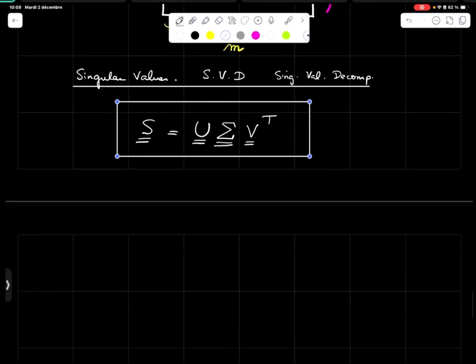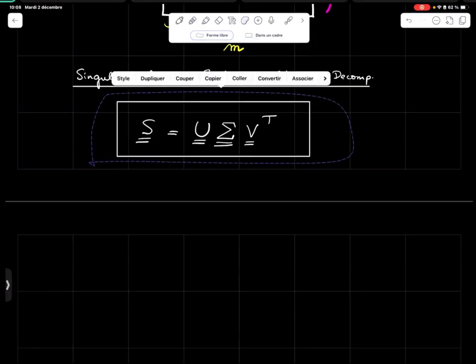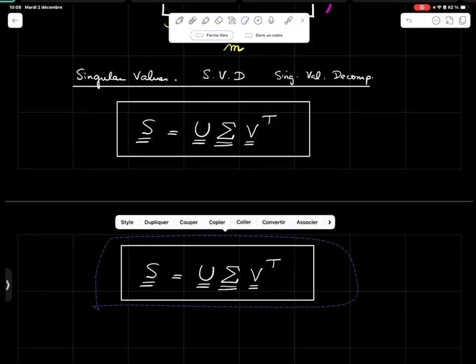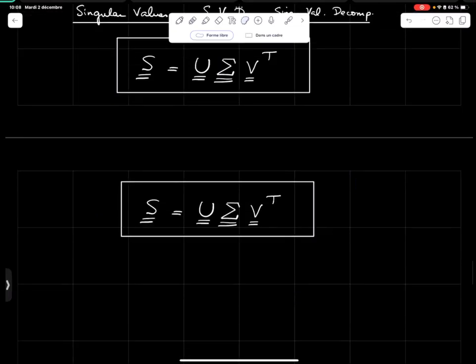So what are the sizes of these matrices? Because that's obviously important. Big U is n times n, and it has orthonormal columns.